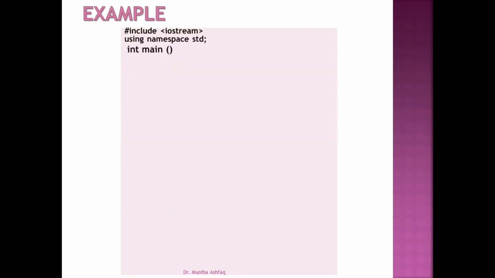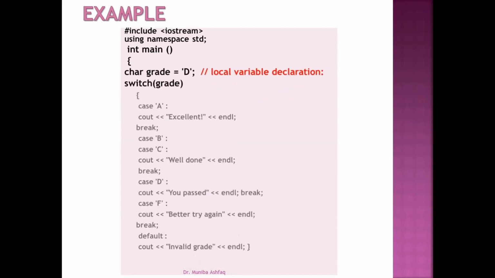So we will simply write #include <iostream>, using namespace std, and within the main function, we are declaring a variable whose name is grade and data type is character.